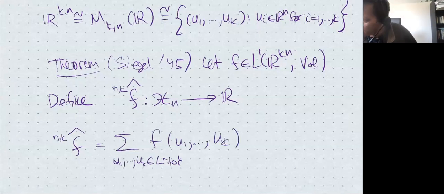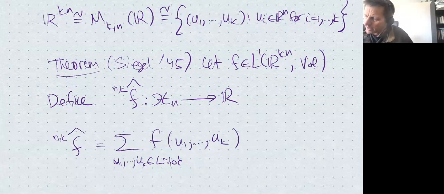Remember, the function f is a function on k-tuples of n-dimensional vectors, and so we can sum it over all the k-tuples in our lattice, taking the non-zero vectors, and we call this a transform. So the transform that we had before corresponded to k equals 1.